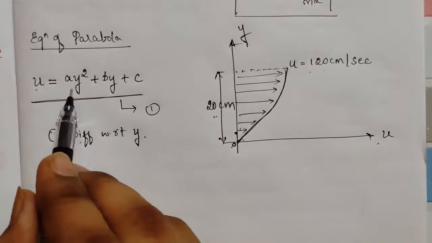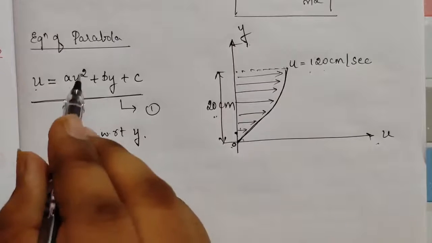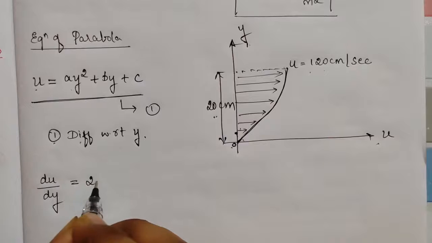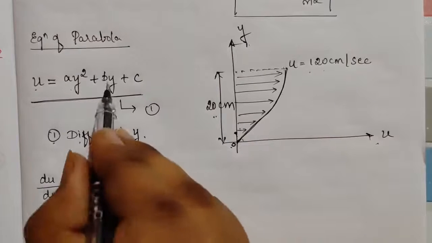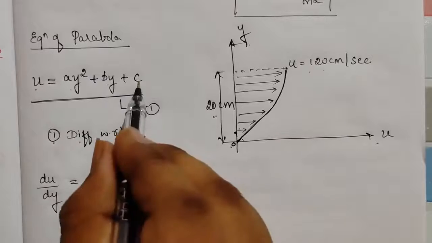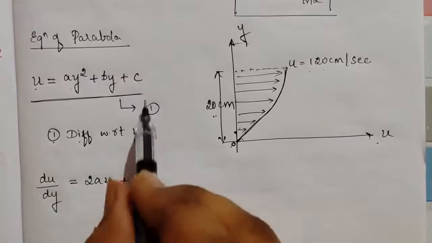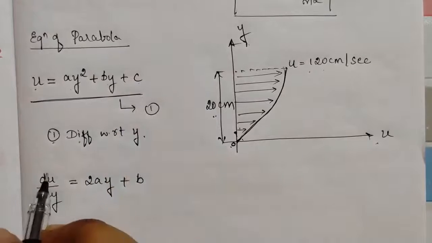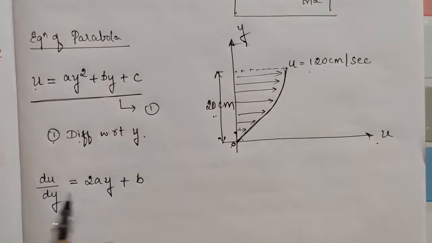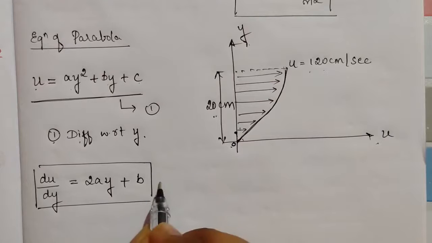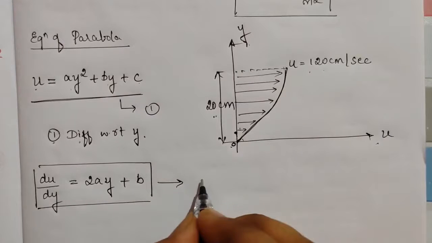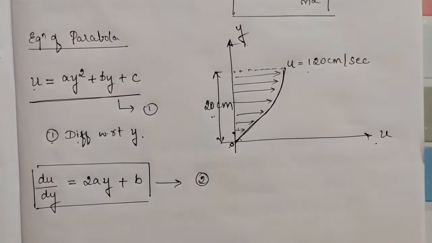Differentiation of ay square is 2ay, plus differentiation of by is b, and c is a constant, so differentiation of c is 0. So the other equation is du by dy equal to 2ay plus b. This is equation number 2.